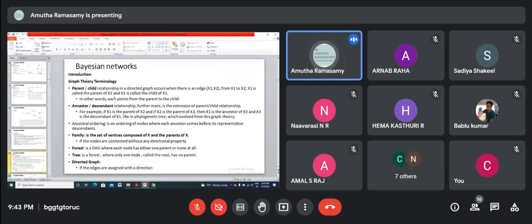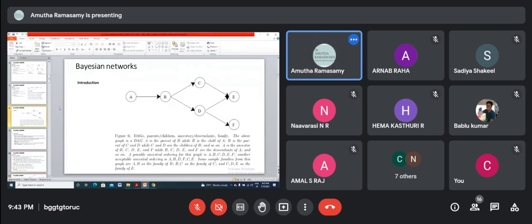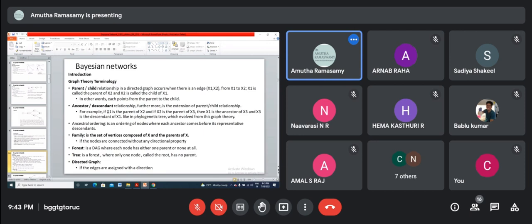So now we are coming directly to the other terminologies. The parent and the child is a relationship in a directed graph only we can take. Say, if I put this arrow, I know that the B evolved from A. If I don't put this arrow, I don't have any idea. So parent and child relationship in a directed graph occurs when there is an edge x1, x2 from x1 to x2, and x1 is called the parent of x2 or x2 is the child of x1.